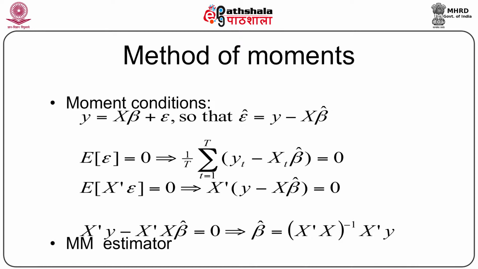You get beta hat, the estimated value of the parameter, equal to x prime x inverse x prime y, which is nothing but the OLS estimate of the parameter beta hat.